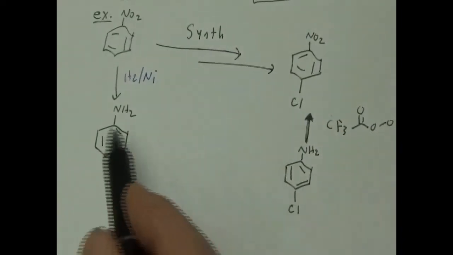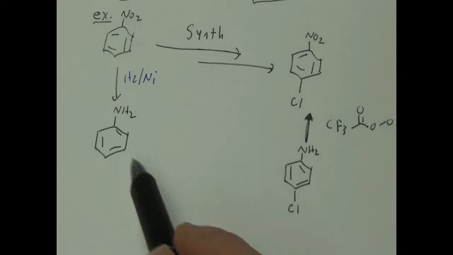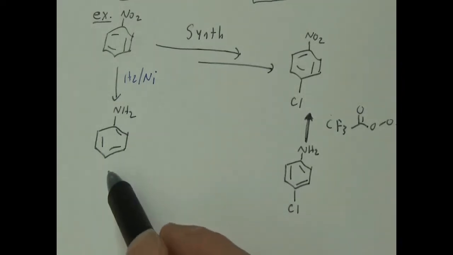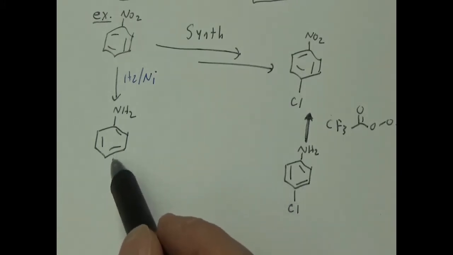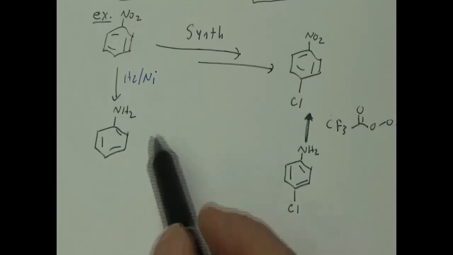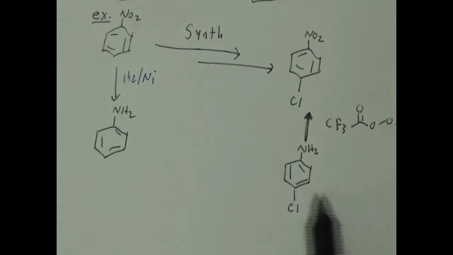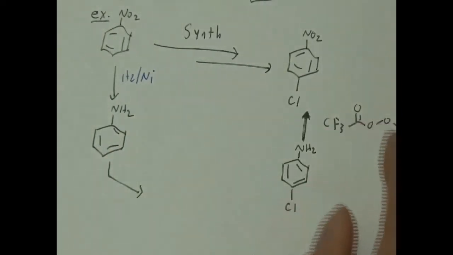Alright, so now we got this, we got to do this. But remember, we can't do this in a single step, even though it looks like we just chlorinate the para position, right? Chlorinate the para position. But we can't do that because of the overactivity. So now we have to basically do protection, chlorinate, deprotection. Okay? Yeah, so we just follow our little cheat sheet, or our notes.